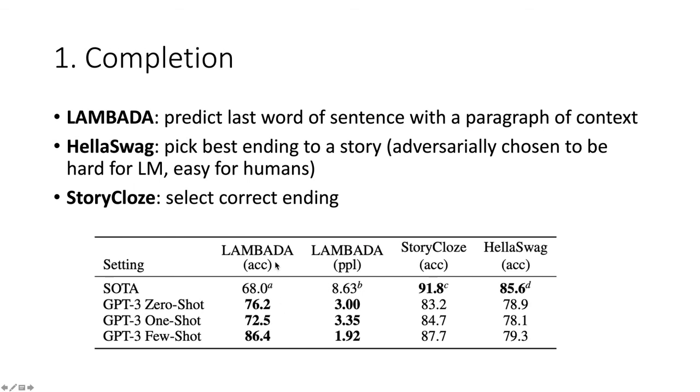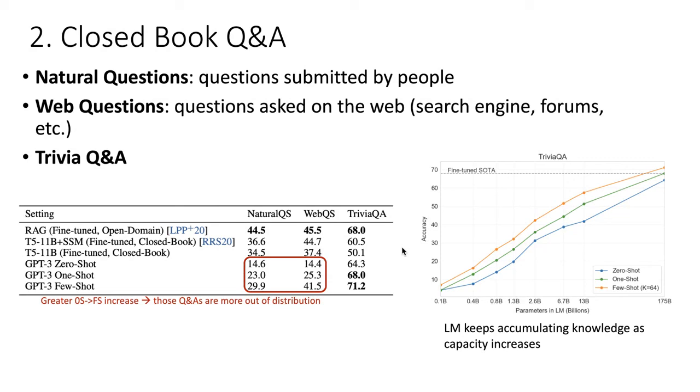And you see that for LAMBADA, I don't know if I'm pronouncing this right, it's basically beating the state of the art in terms of accuracy and also in terms of perplexity. It's not the case for StoryCloze or HellaSwag, but it's doing a pretty decent job. I'm not going to spend too much time on these performance tables because otherwise I will never finish. The idea is to have a sense of the kind of tasks they've evaluated on.